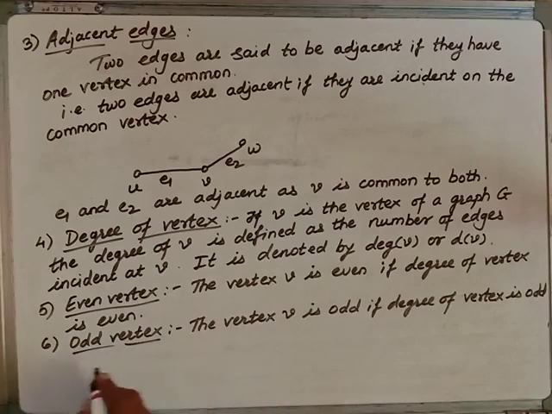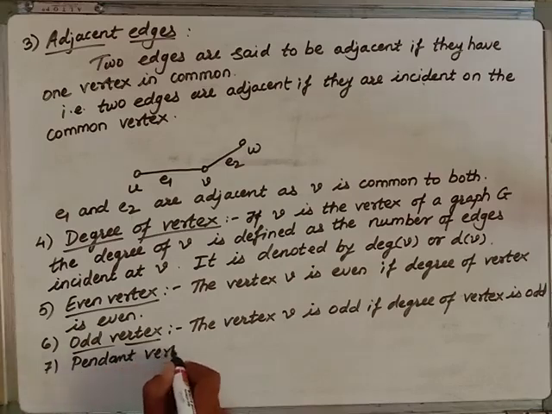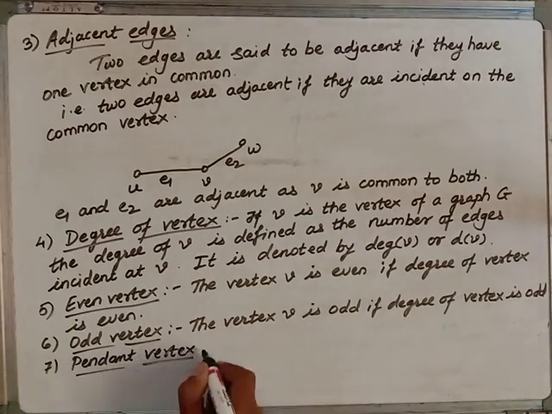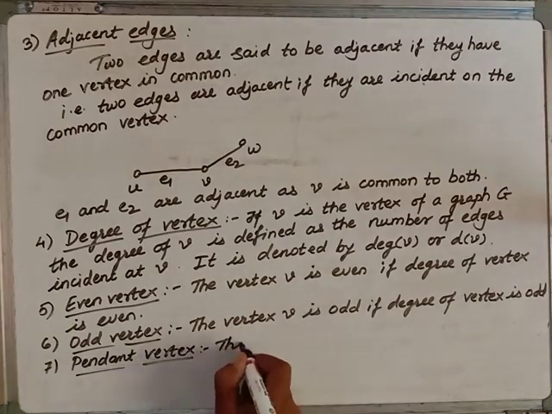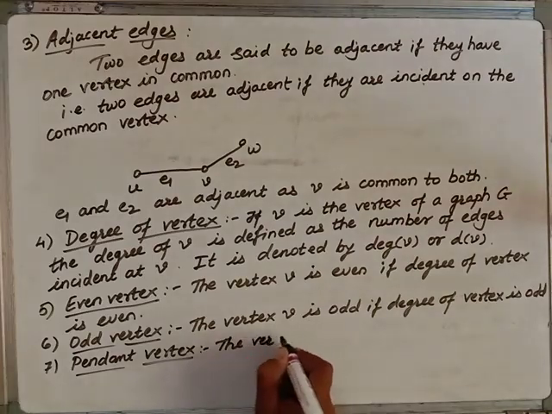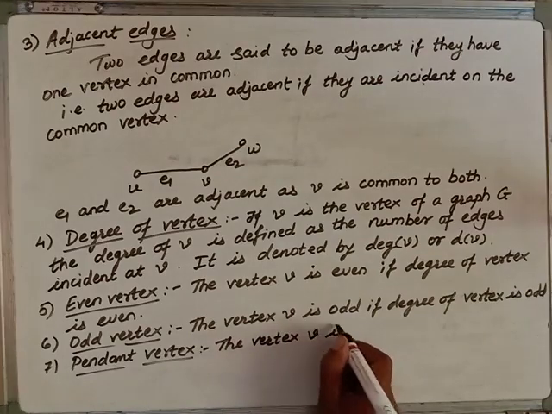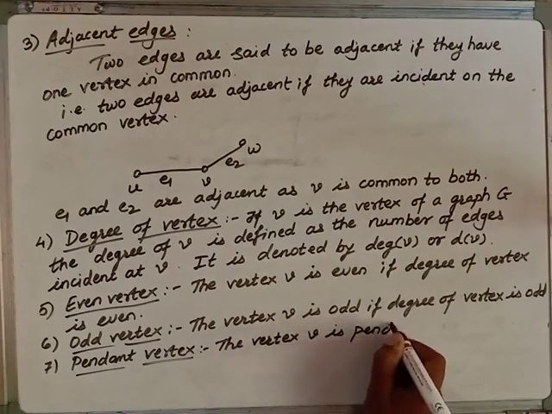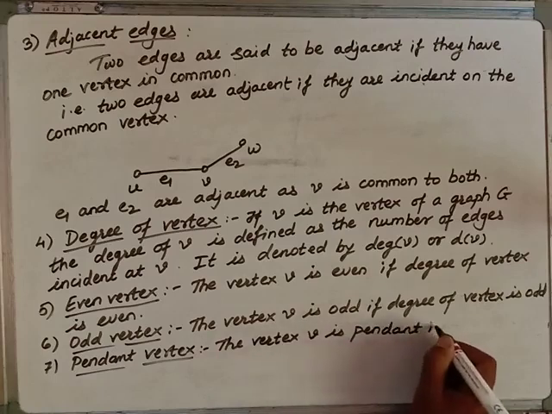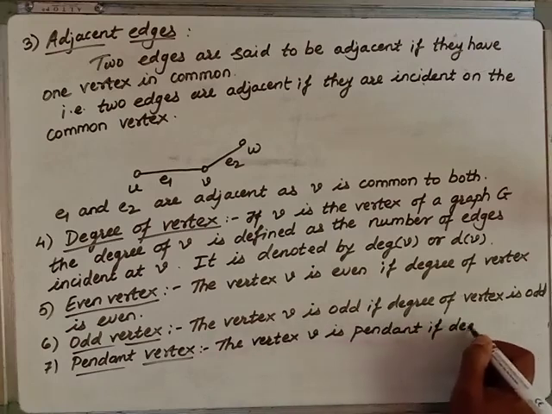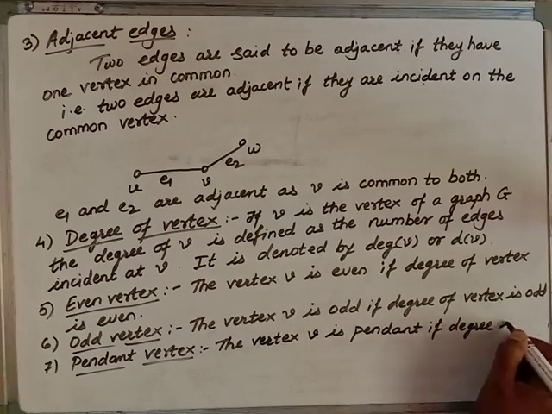Then next one, pendant vertex. The vertex V is pendant if degree is 1.